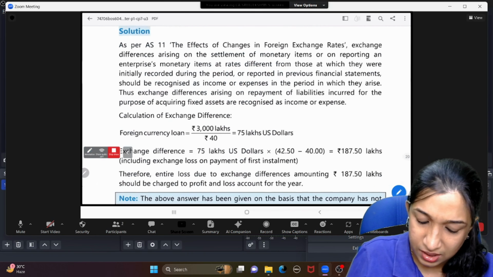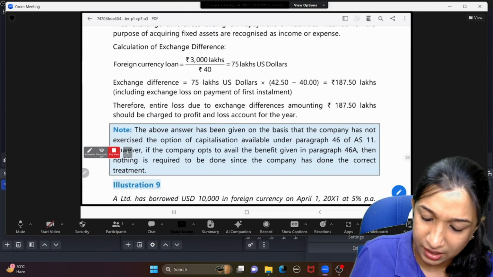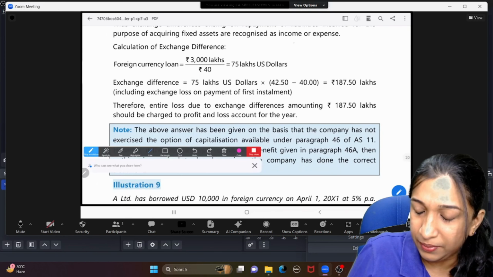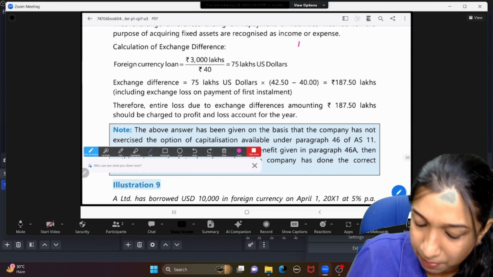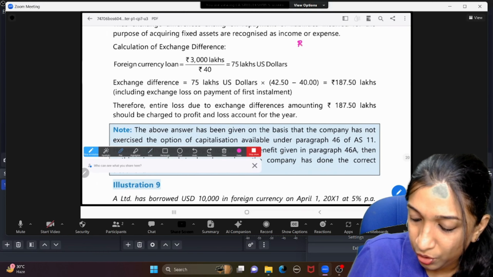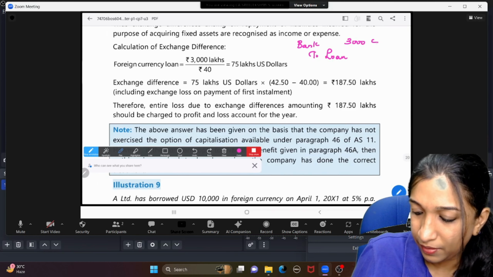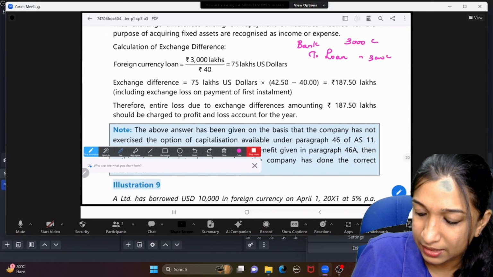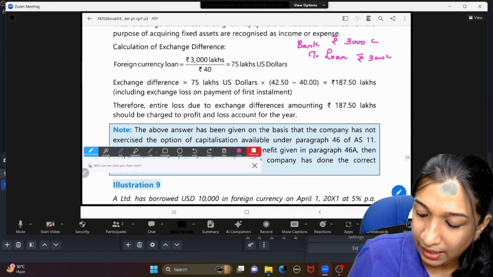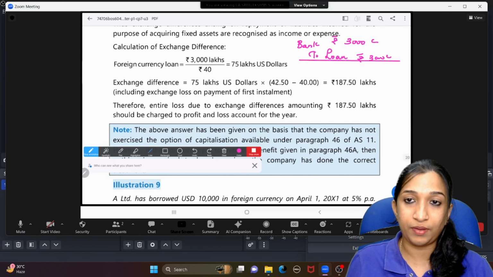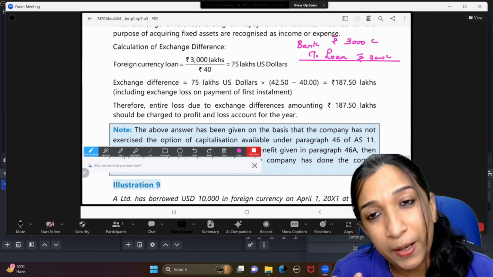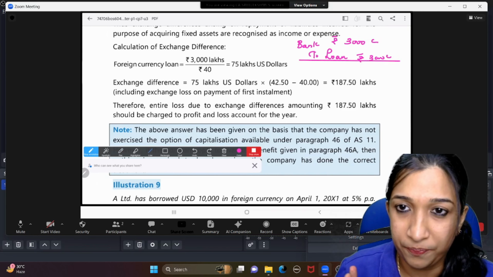So first 75 lakhs dollars you have taken. So the entry would have been bank to loan, 3,000 lakhs rupees. Then at the end, for what purpose you have taken this loan?